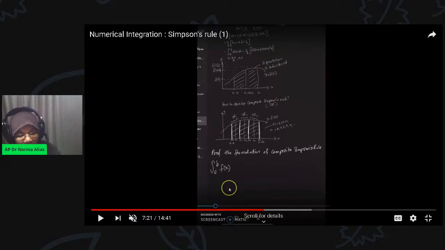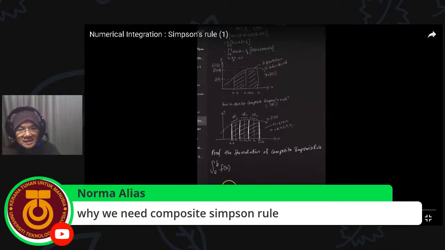And second, what is the difference between the trapezoidal rule and Simpson's rule? And what is the difference between Simpson's rule and composite Simpson's rule?